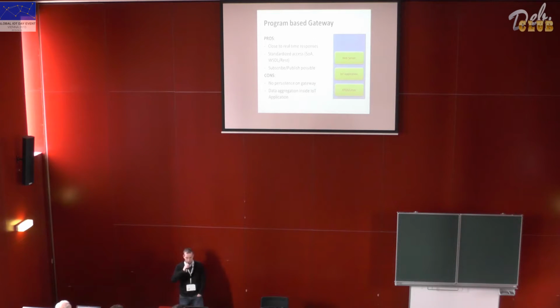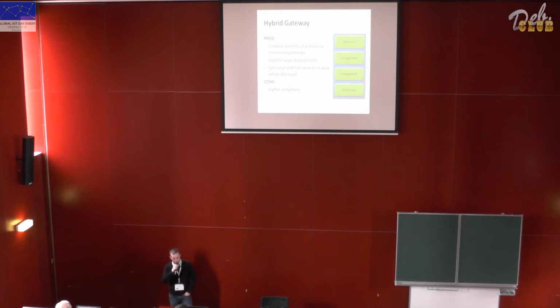We can subscribe, publish, we can use MQTT or any other well-known protocol. But the consequence is that we don't have a persistent layer on the gateway, so in case of power outage, we can lose some data. And it is more complicated to use data aggregation functions because you have to code them into the application. You cannot use the database functions for that.